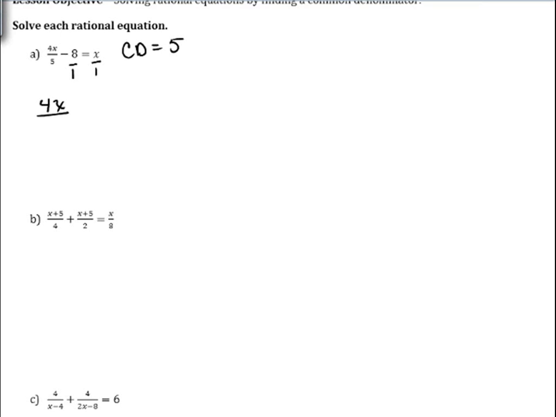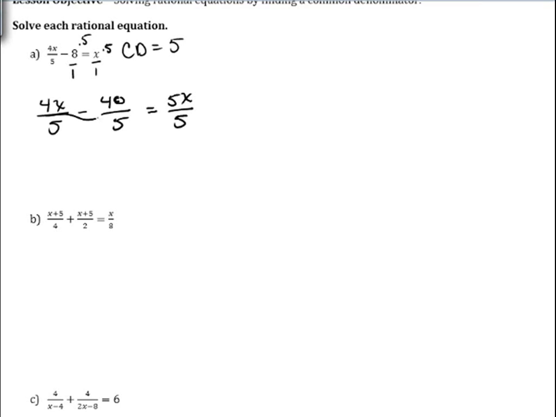The 4x already has the 5 in the denominator, so we don't have to do anything to that one. So we need to multiply this one by 5, and also the x has a 1 in its denominator, so we're going to need to multiply it by 5 as well. So we're going to have negative 40, 8 times 5, over 5, and that's equal to 5x over 5.